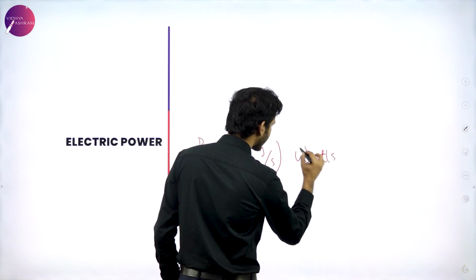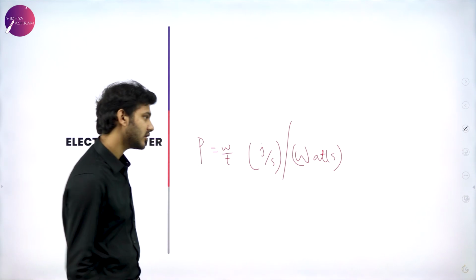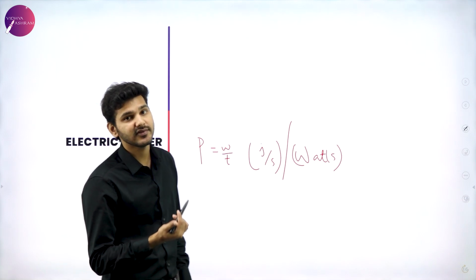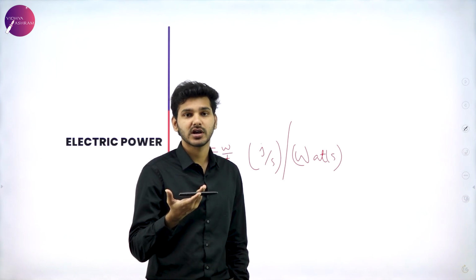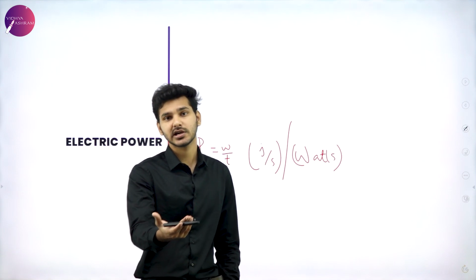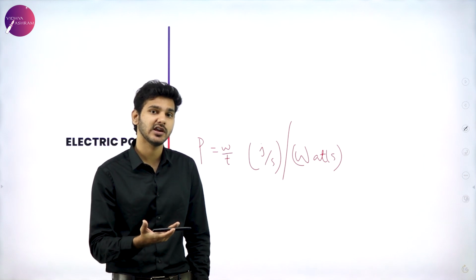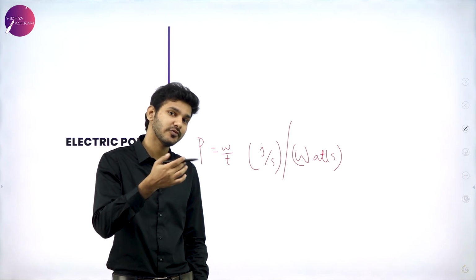You can either call it joules per second or watts. Generally we will say in terms of watts, that is how much watts a car has. Let's say you have an electrical car, then you can say that that electric car has a capability of 1000 or 600 kilowatt.